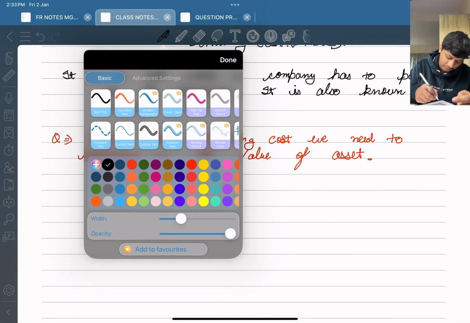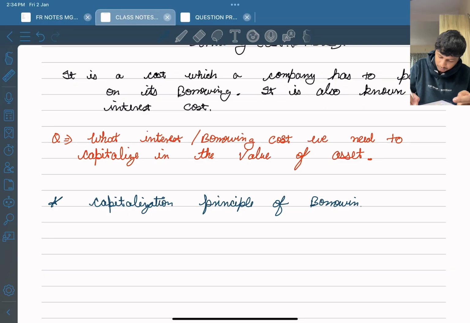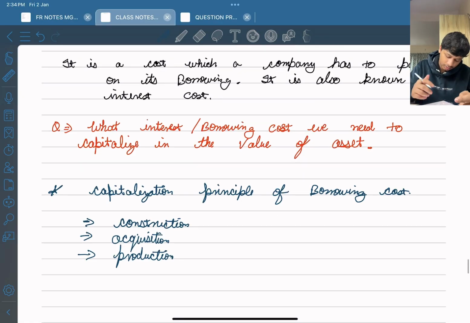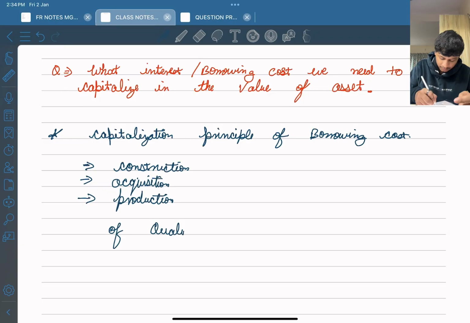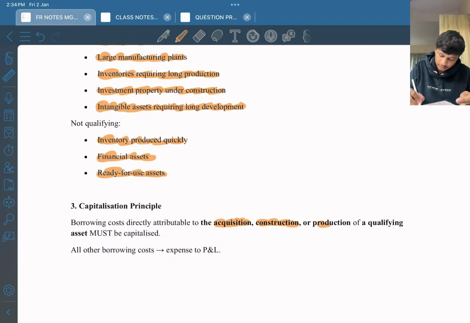Capitalization of borrowing cost can only be done for the acquisition, construction, or production of a qualifying asset.